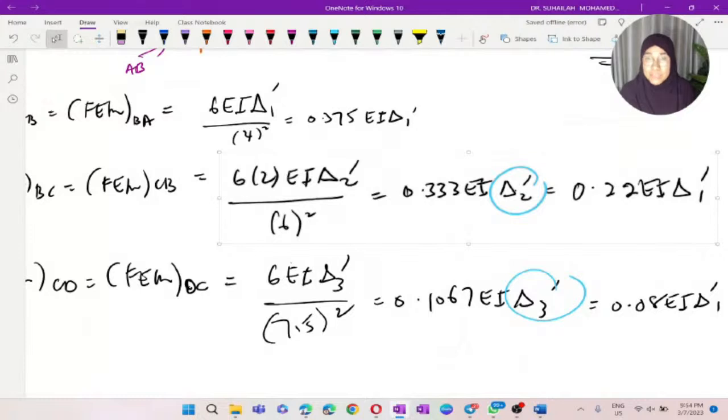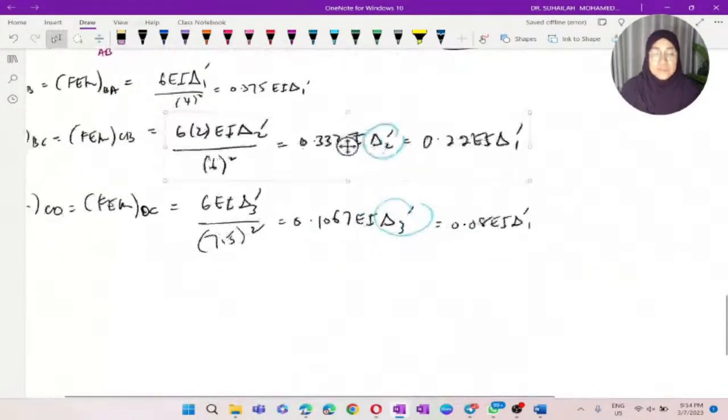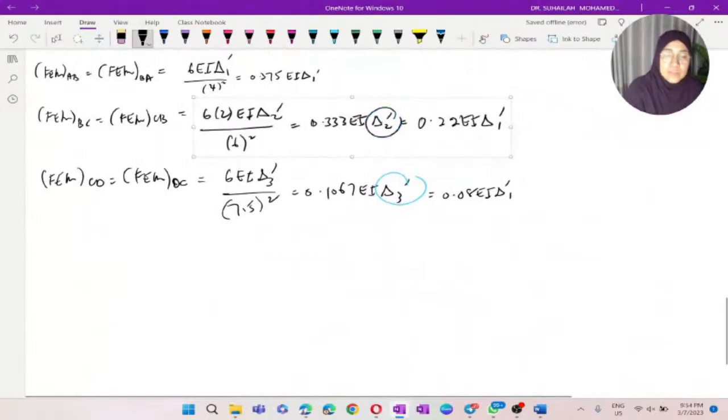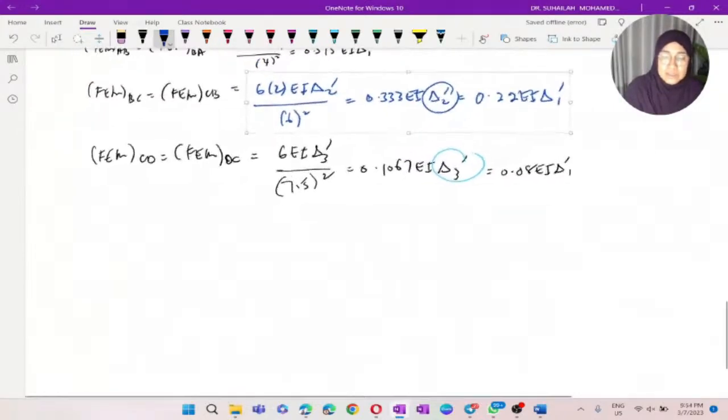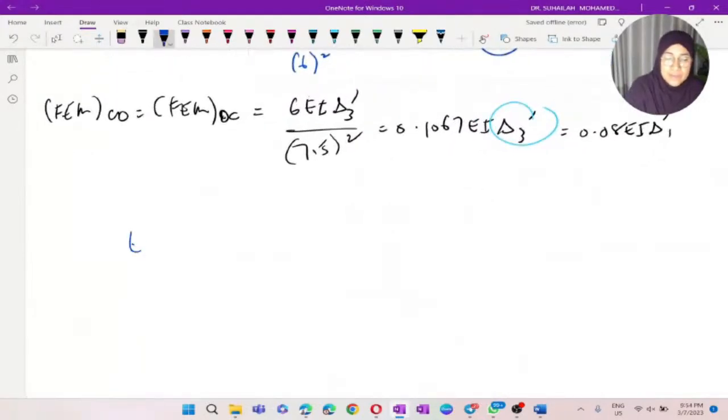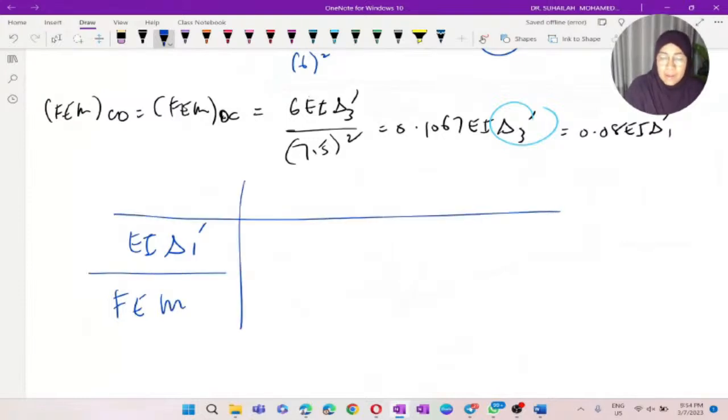Then we can calculate the FEM based on the assumption. The first assumption that we made based on the behavior is if the frame tends to move to the right direction, FEM for member AB is negative 100. So we have a table here. We have EI delta 1 prime and FEM here.